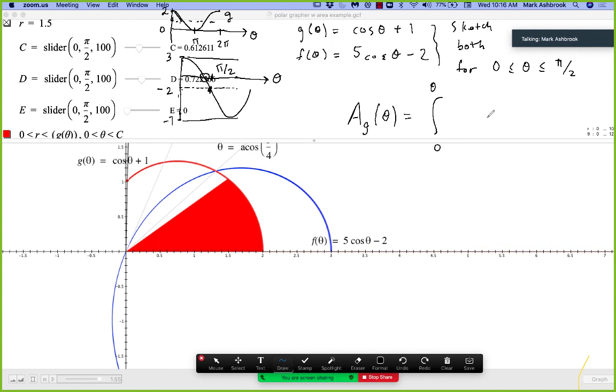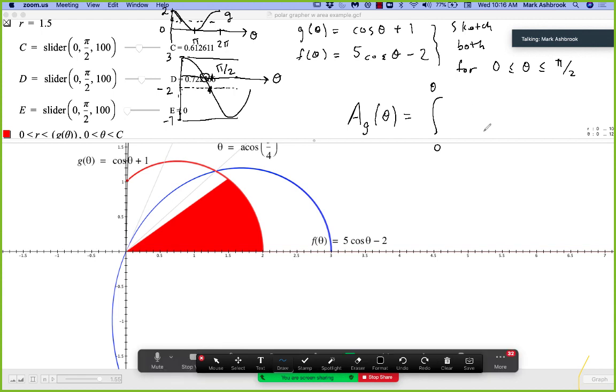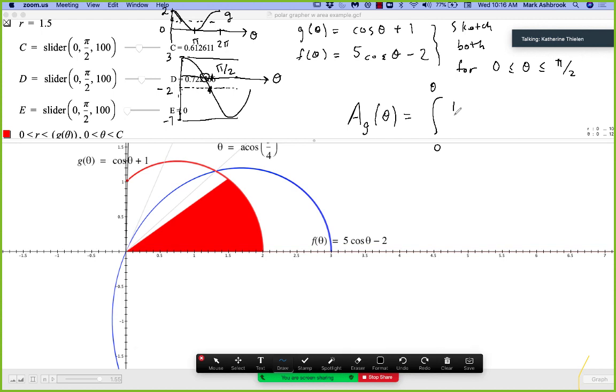And then the first student, sorry, what did you say the integrand was? I said it was 1/2 cosine theta plus 1 squared. And then? dt. Okay, good, right? So dt, but then we'd also need what?